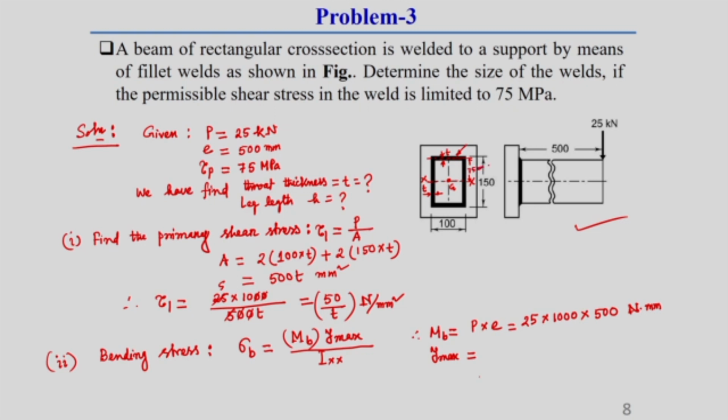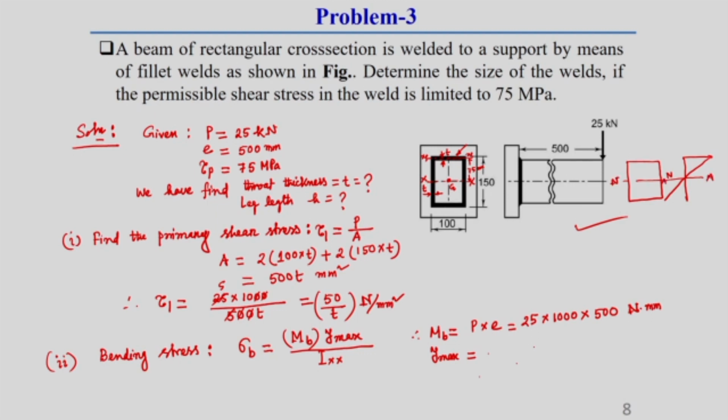So the farthest weld's perpendicular distance from this axis, the XX axis, is generally the y max distance. We should consider this farthest weld because we are familiar that in a rectangular cross section, the bending stress distribution is maximum at the top fiber, gradually decreases, and comes to 0 at the neutral axis.